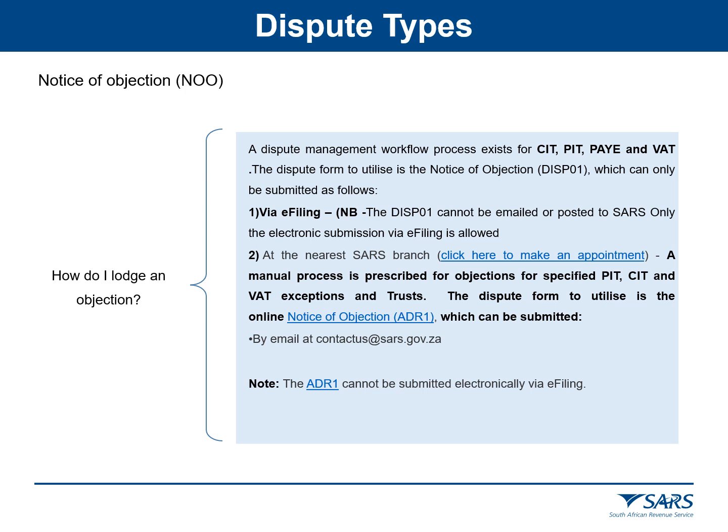The DISP-01 cannot be emailed or posted to SARS. Only the electronic submission will be allowed. Number 2, at your nearest branch, and for this you need to make an appointment. Please note the ADR cannot be submitted electronically via e-filing.